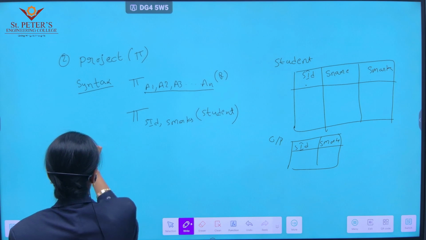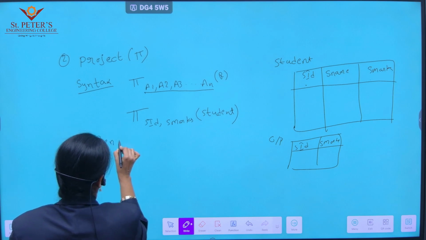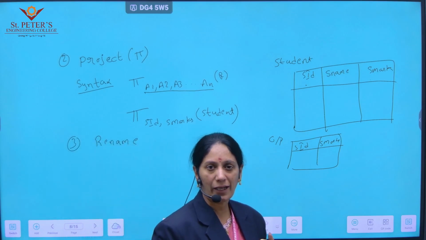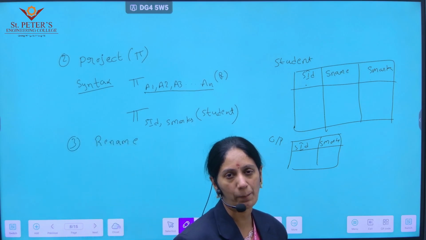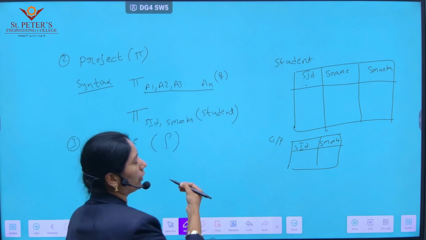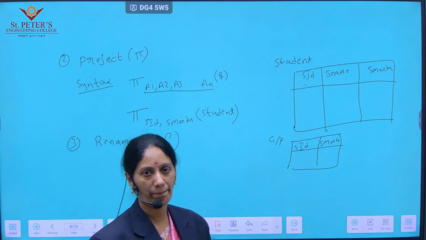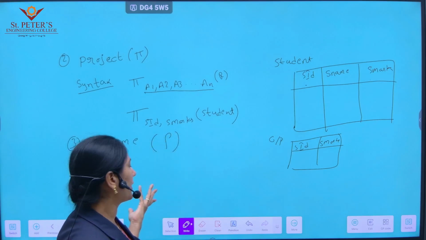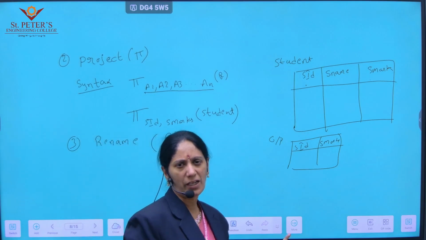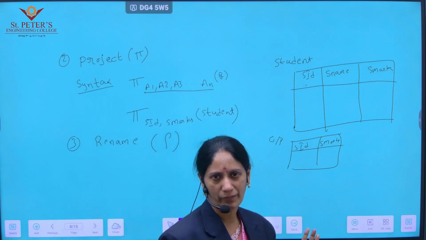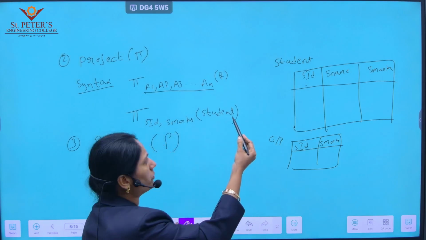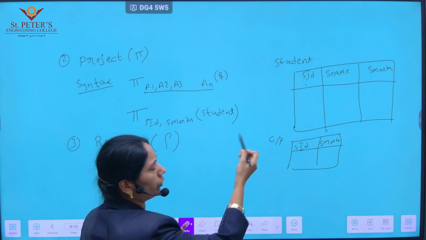Third one is called the rename operation. The rename operation is represented by the symbol rho. What is meant by rename? The name itself says it: simply change the table name, or change the columns. Suppose now I want to change my relation name from student to students.